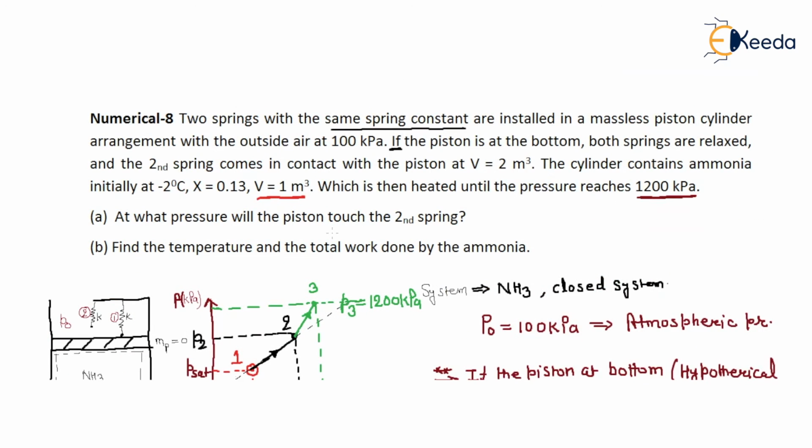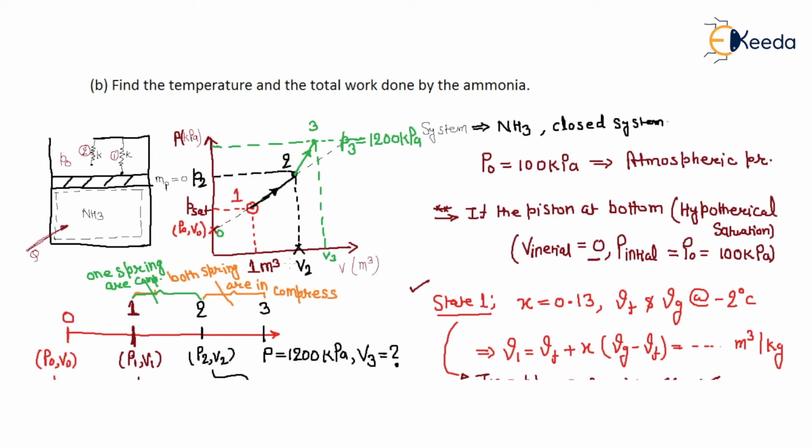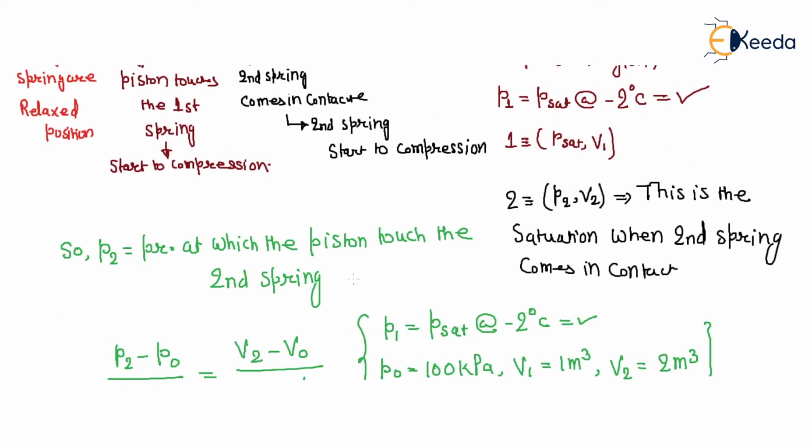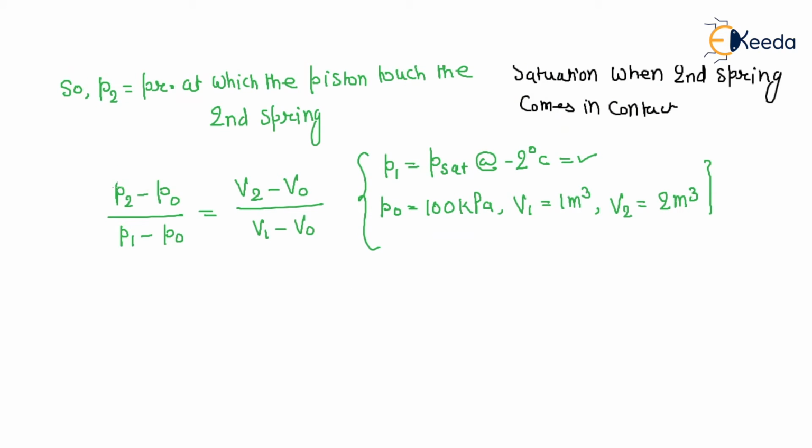Why? Because it is given, and the second spring comes in contact. The volume is 2 meter cube. So second spring comes into contact. Put all these values, P naught, V2, V naught, and V naught is 0. V1 you have, V naught you have, P naught you have, P1 you have.